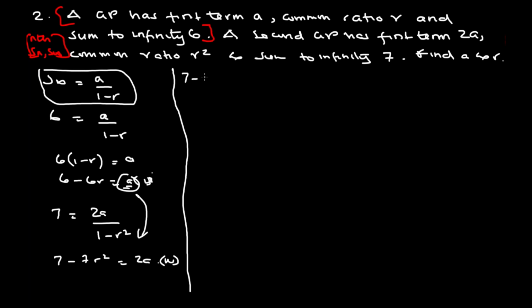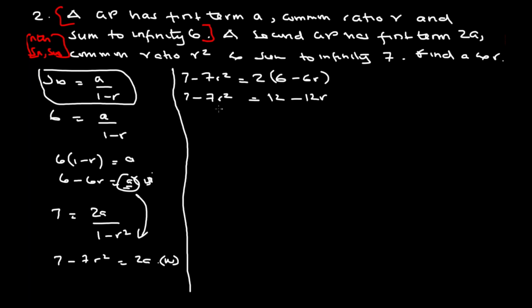Okay. So we're going to say, 7 minus 7R squared is equal to 2A. Okay. So 2 what is A? A is 6 minus 6R, like that. We know we can simplify this, but this is the sure way of doing it. So 7 minus 7R squared is equal to 12 minus 12R, like that.